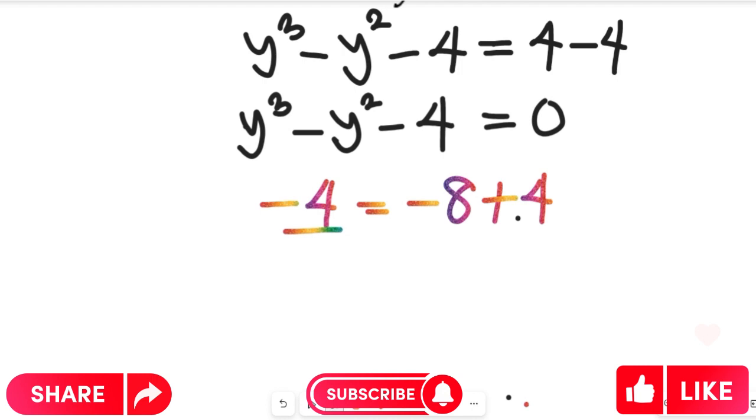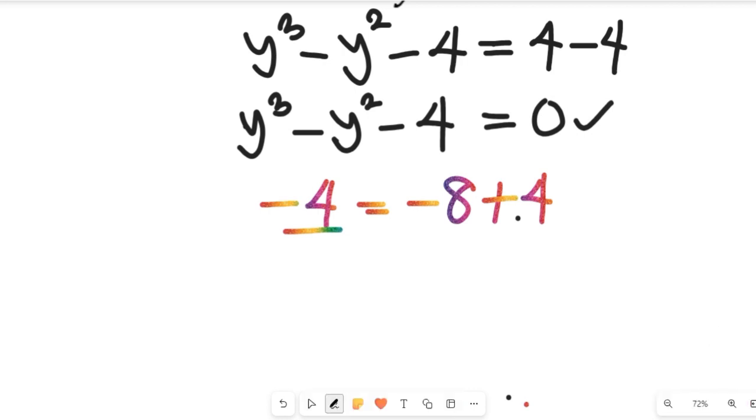Now, this is a polynomial equation, and you can solve this same equation using the polynomial solution method. Now, I want you to pause this video a little and then use the polynomial solution method, which requests you to insert a value of y into this equation, and if the value is equal to 0, then you know that that value of y is a solution.